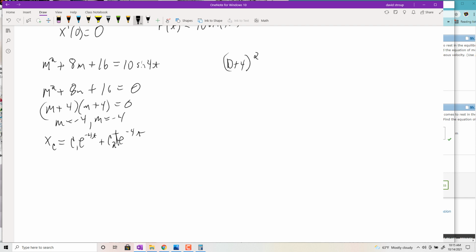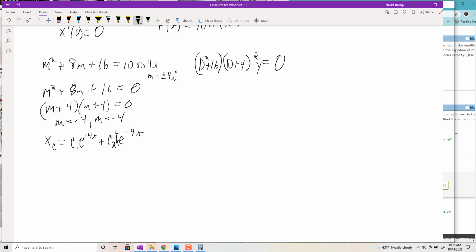To annihilate the 10 sine of 4t, that's going to require imaginary roots, m equaling plus or minus 4i. Okay, so the annihilator for that is going to be D squared plus 16. And then apply that to the non-homogeneous equation there. That will equal 0.